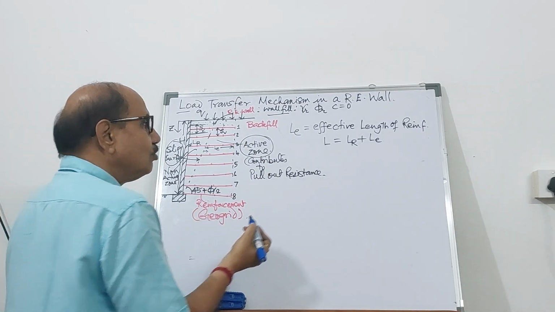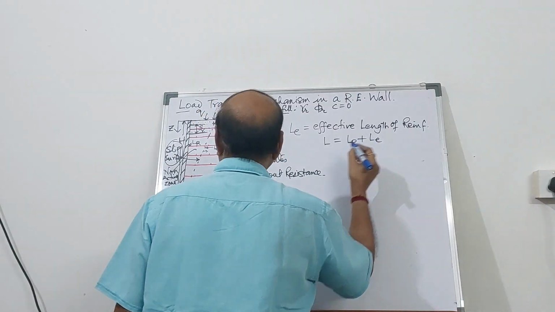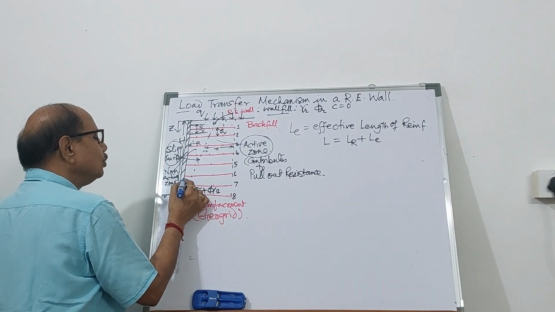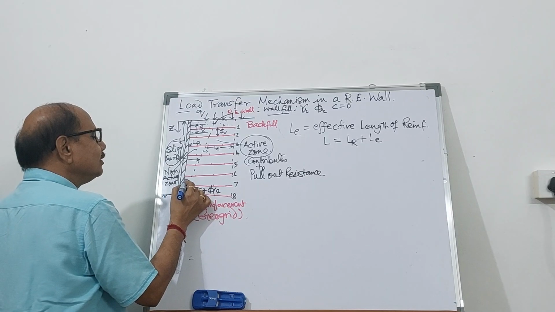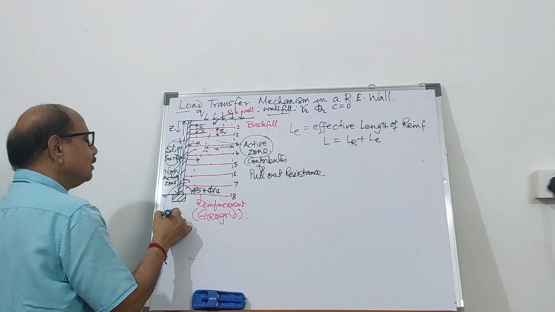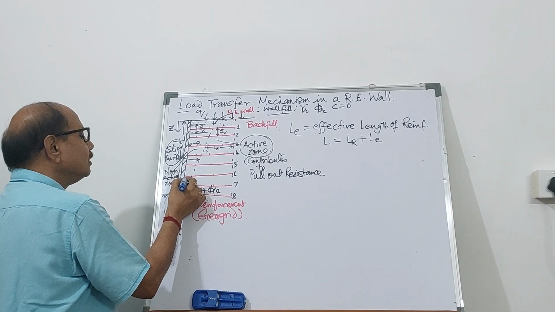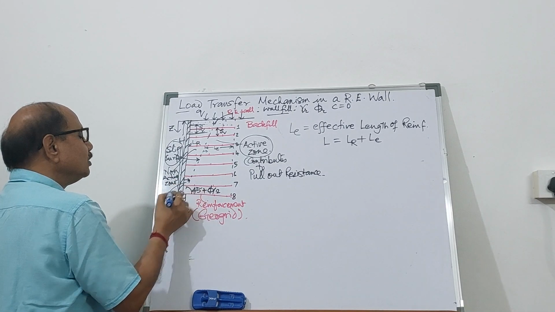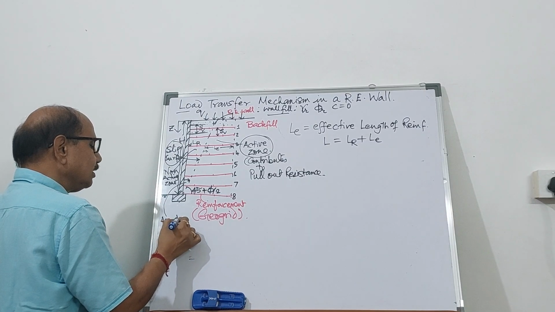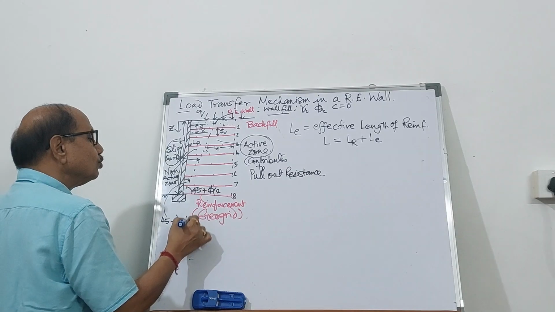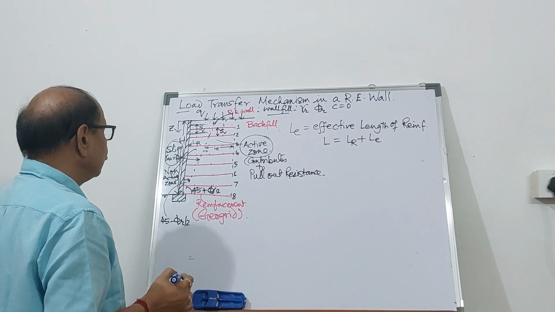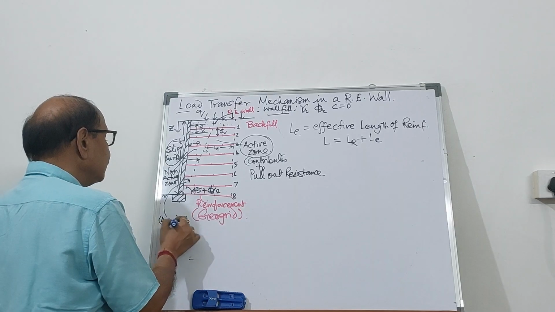How will you find out LR and LE? Because this angle is 45 plus phi R by 2 with the vertical, this angle you can calculate. This angle with the vertical will naturally be 45 minus phi R by 2. So this is the angle.